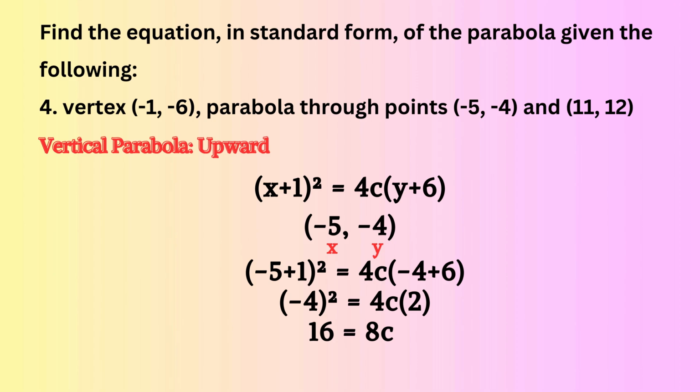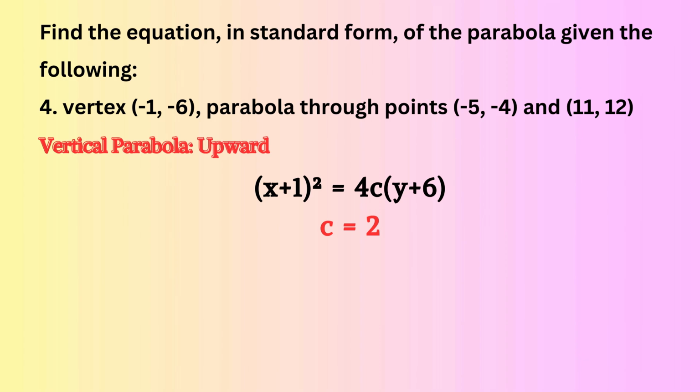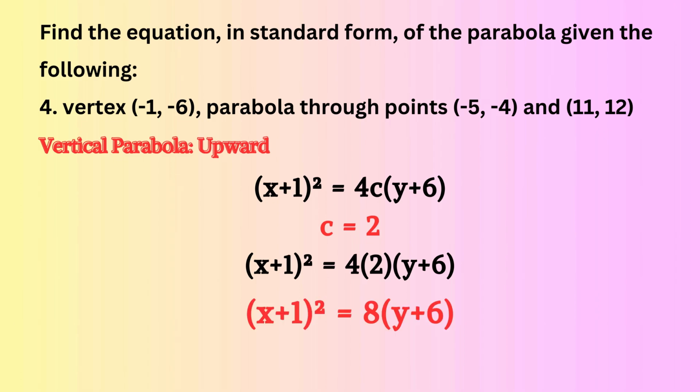Solving for c, we can divide both sides by 8 to get c equals 2. Now that we have the value of c, we can determine its equation in standard form, which is (x + 1)² = 4 times 2 times (y + 6), or (x + 1)² = 8(y + 6).